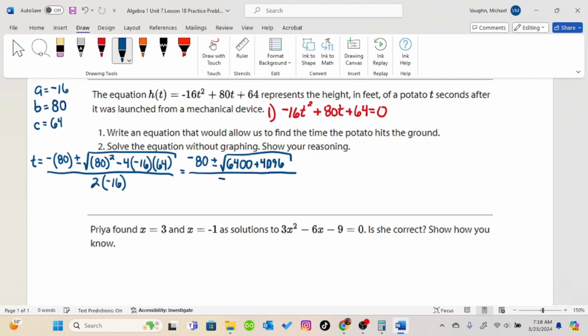And 2 times 16 is -32. $6,400 times 4,096 is 10,496.